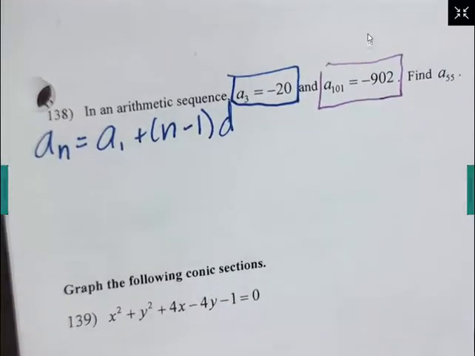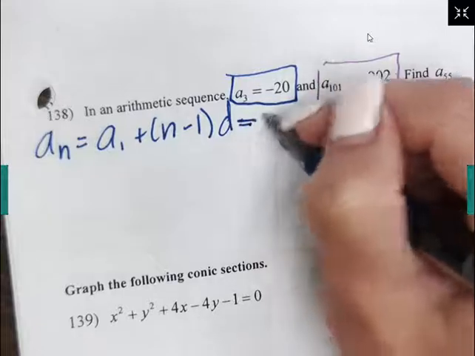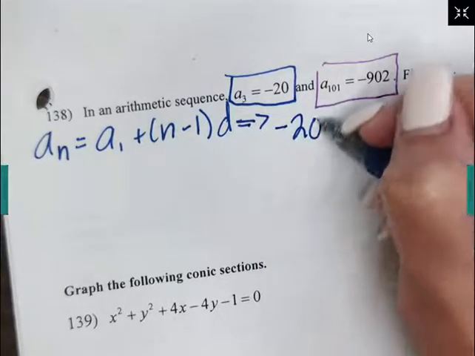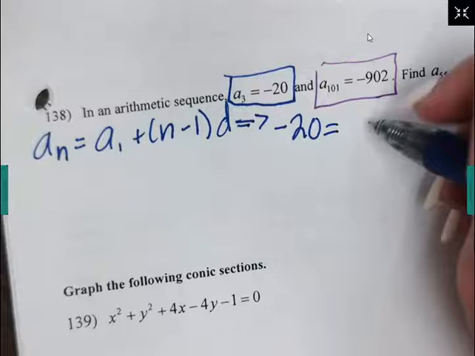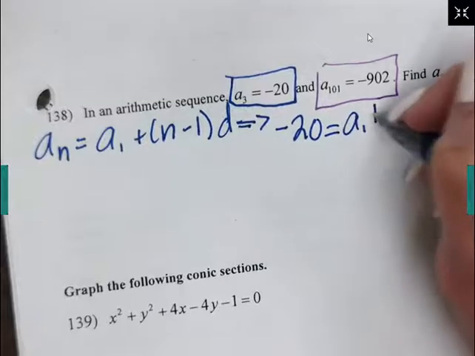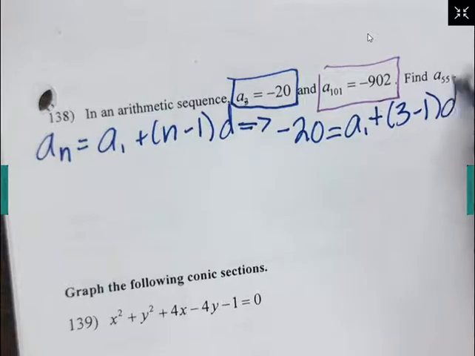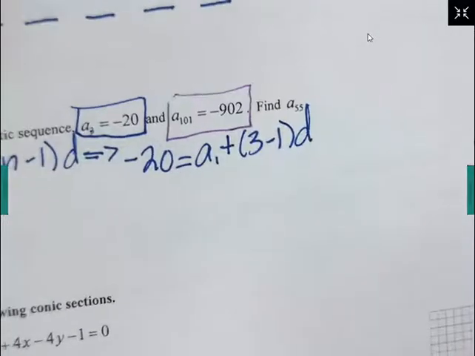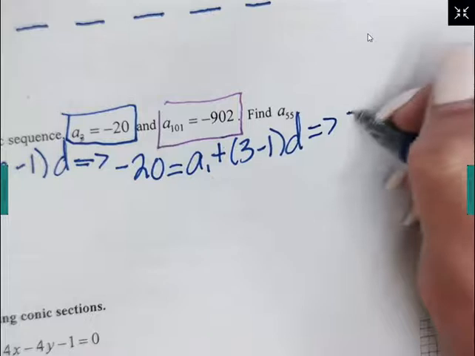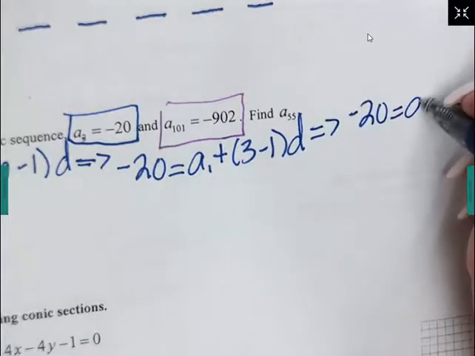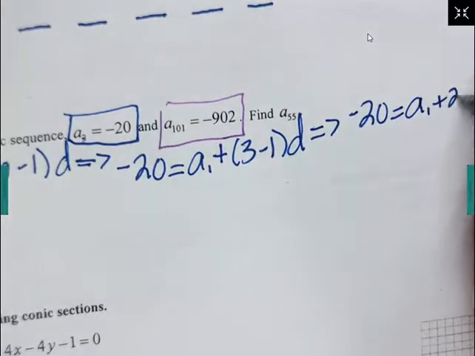A sub n is negative 20 here, so negative 20 is equal to our first term, which we don't know, plus n, which is 3 in this case, minus 1 times d, which we also don't know. We can simplify this to negative 20 equals a sub 1 plus 2d.